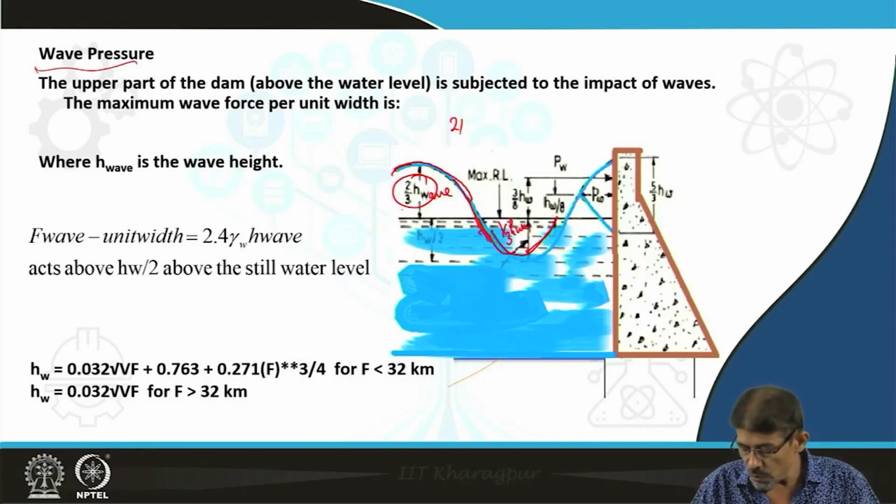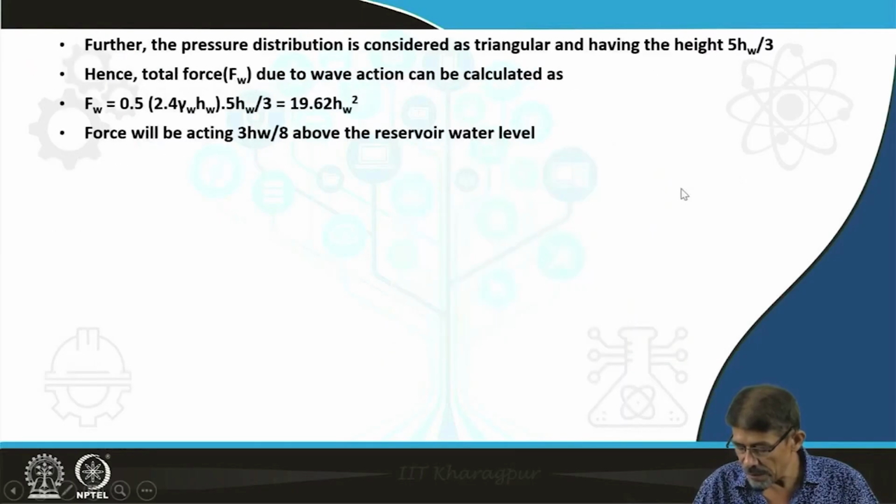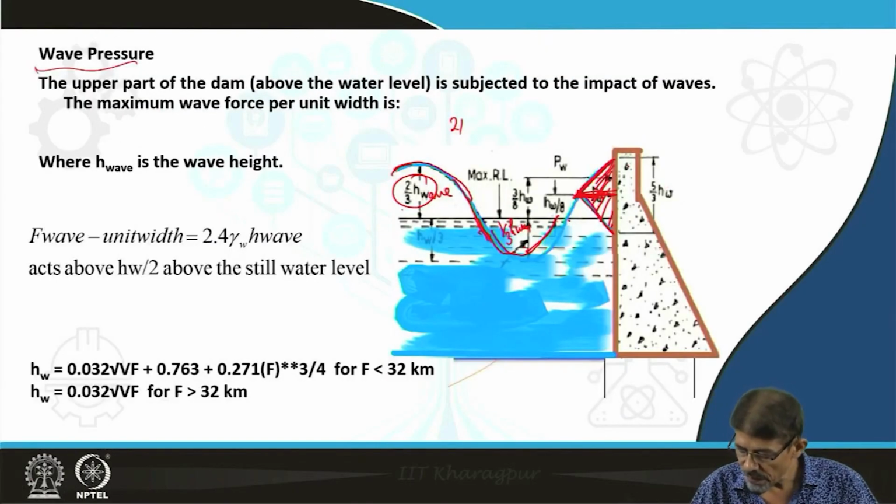Due to this movement, the water wave interacts here and creates thrust P0. This P0 acts at HW by 8 from the surface, and this effective zone is the area multiplied by the unit weight of water, affecting 5 by 3 HW.